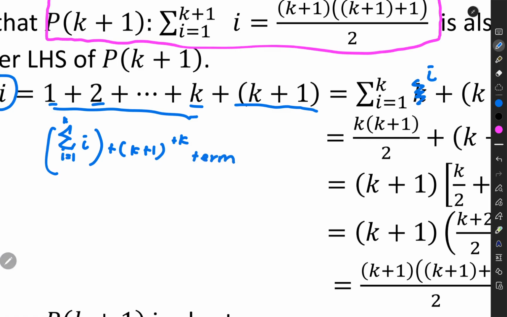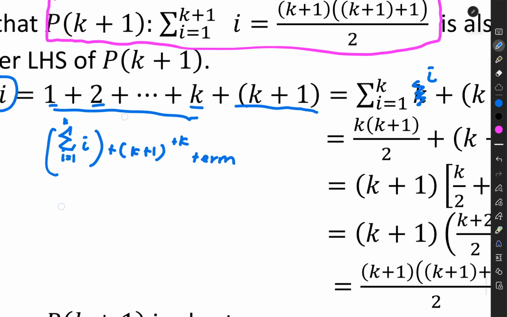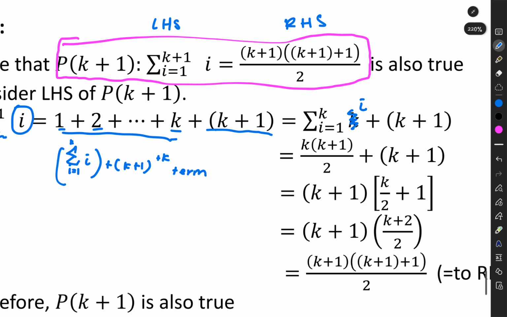Okay, and by assumption in the previous yang tu TH term kan, so dia kan summation daripada 1 sampai k plus 1 kan. Okay, di depan last tak?